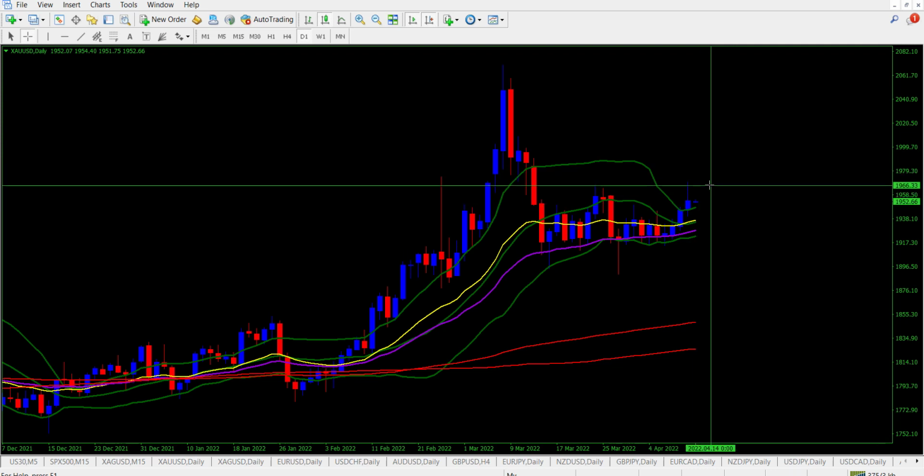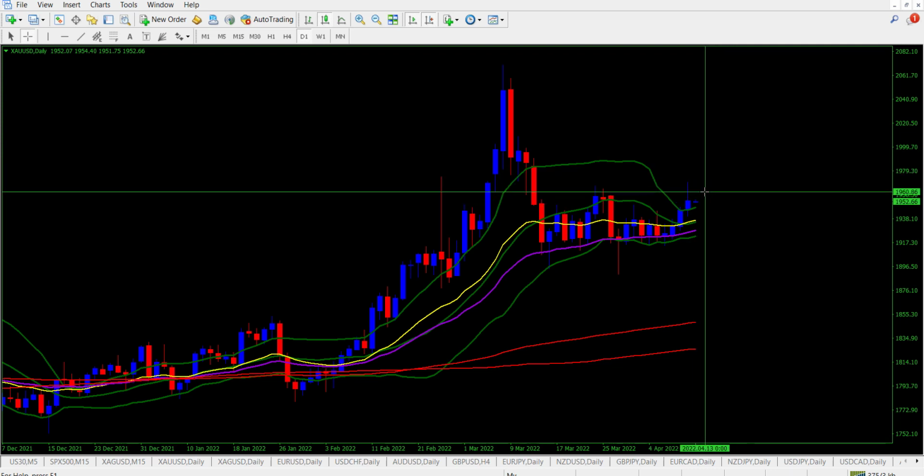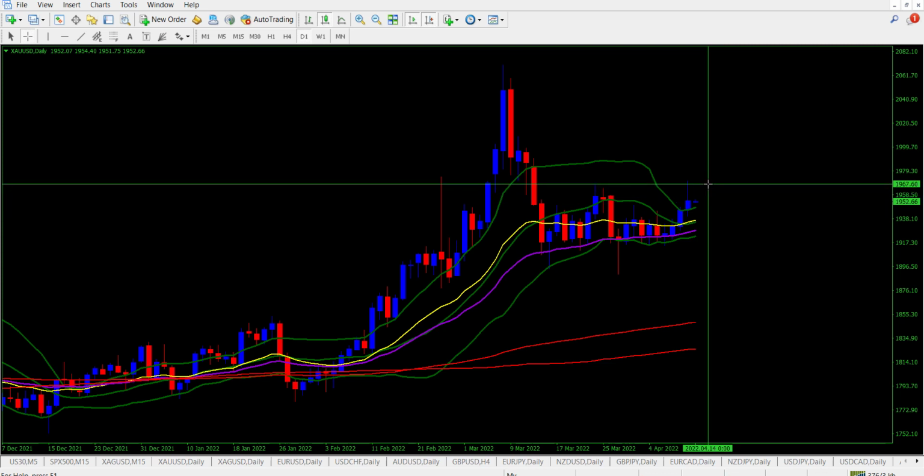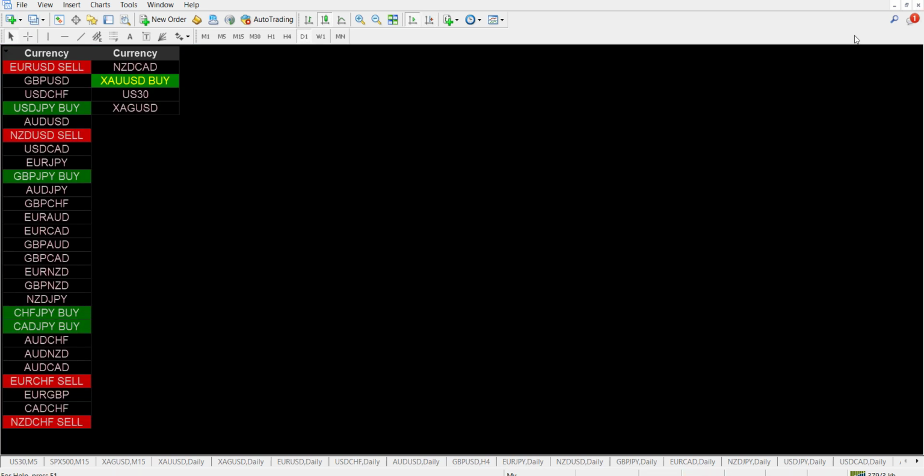So I will also put this pair in my radar, but for now I will not trade until and unless we get a clear breakout above this zone. So we have got USD yen, pound yen, EURCHF, and gold as potential pairs to trade for tomorrow.